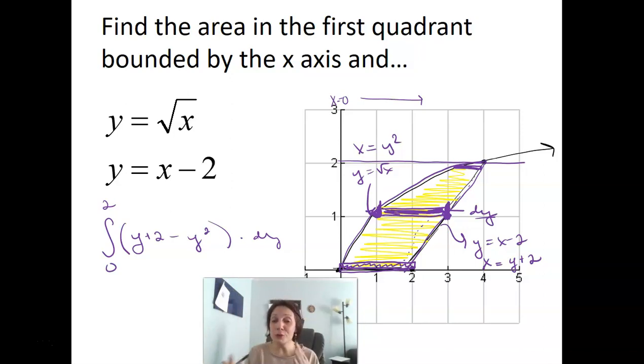Usually the ones they give you can be done both ways. And there are some questions on the Pearson assignment where they actually give you the same problem and ask you to set it up both ways. But some people really, really hate horizontal rectangles. It throws them off, and that's fine. Usually you can avoid them, but you do have to be able to do them, right? So do get some practice with them.